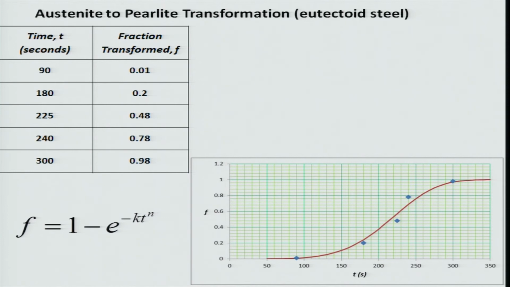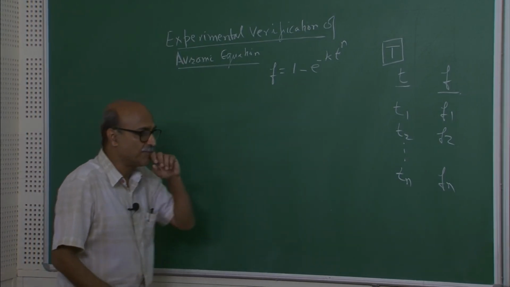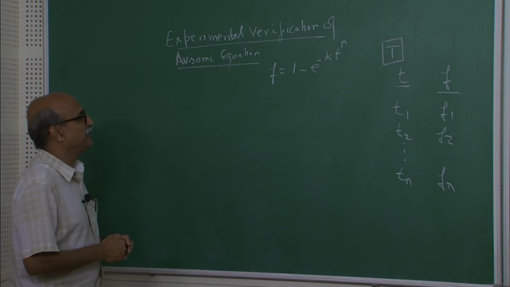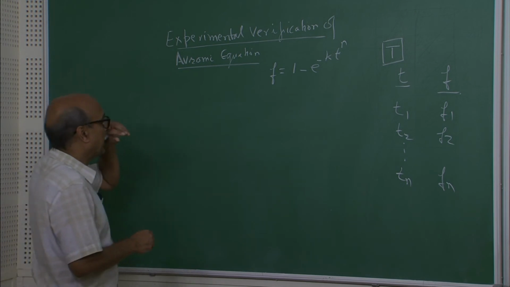Now the next objective is how to go ahead with this problem. Let me go back to the board and look at the Avrami equation again and see what we can do with it. Many times when you have a nonlinear equation like this, you try to see if one can linearize it.